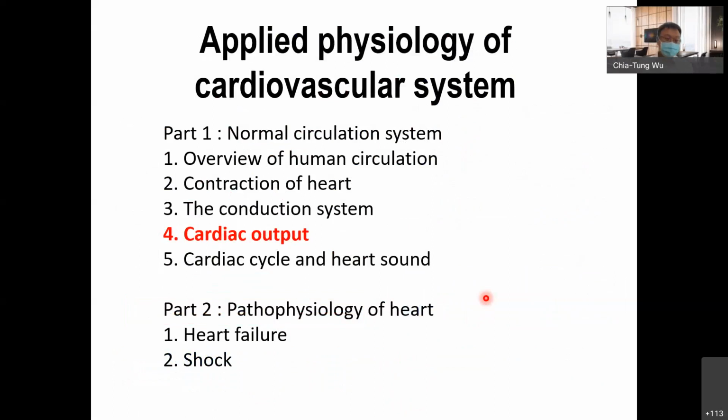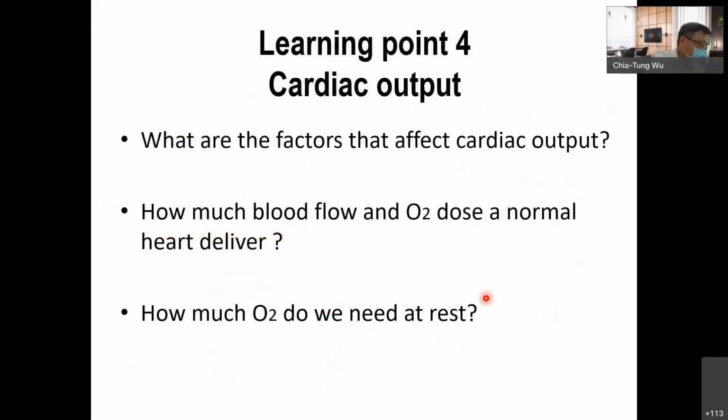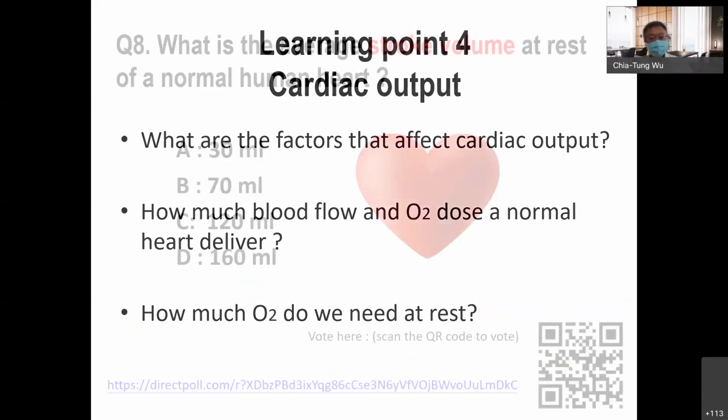Okay, in the next session I will talk about the cardiac output. It's getting more and more difficult. The main points here include what factors affect our cardiac output, how much blood flow and oxygen the normal heart delivers, and how much O2 we need at rest.